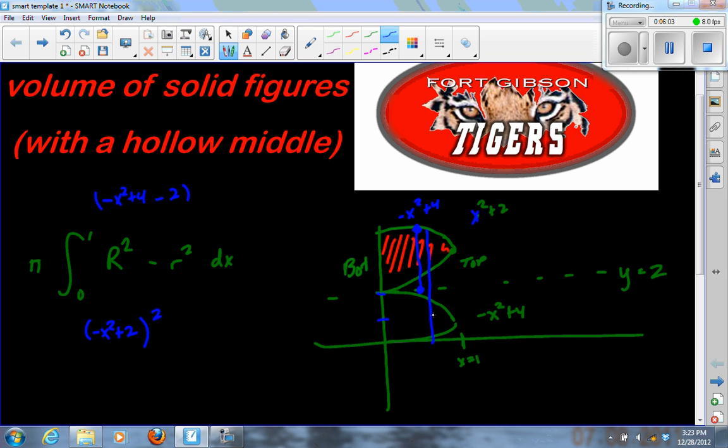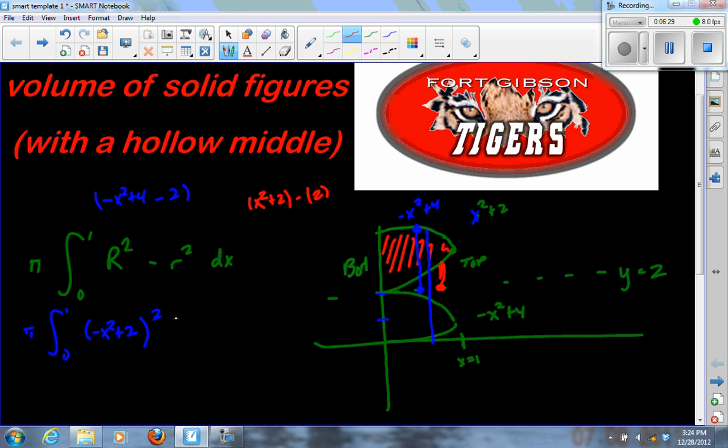It's kind of similar to the very first day of this chapter, area between two curves. Okay, little r is from the axis of revolution, which is here, to the small radius. So this is x squared plus 2, but then take away 2, because we got 2 units here.